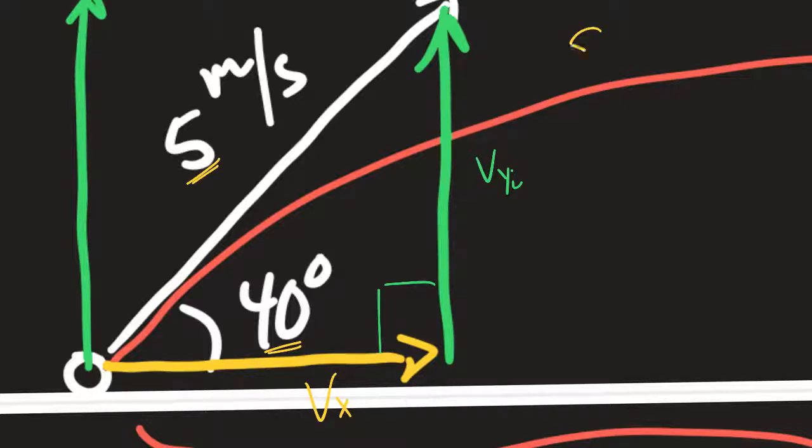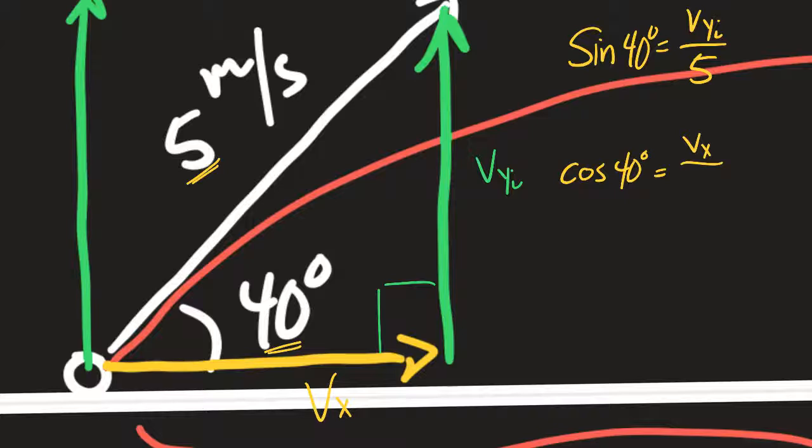So the sine of 40 is going to be opposite, Vy initial, over hypotenuse, 5. Right, the definition of sine is opposite over hypotenuse. You guys following that okay? So the cosine of 40 degrees is going to be the adjacent, Vx, over the hypotenuse, 5.